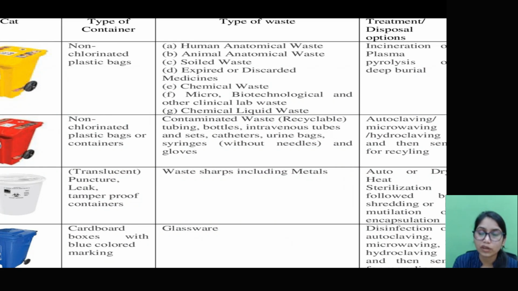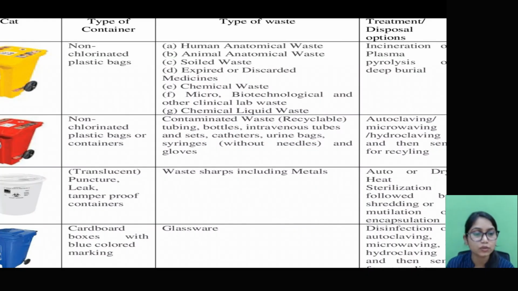For that waste, what kind of treatment should be given? We can give autoclaving or dry heat sterilization, shredding or mutilation, or encapsulation. These kinds of treatment we will give to sharps waste, the wastes which are sharps or metals and all.